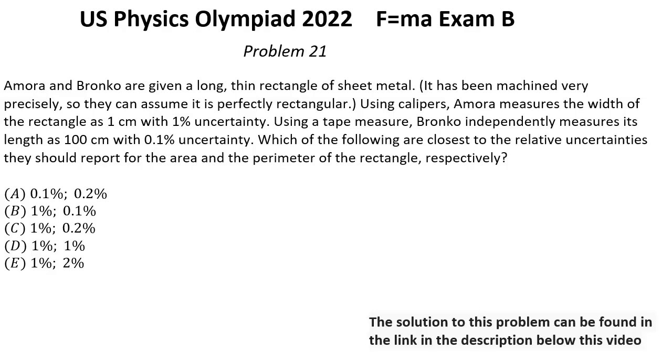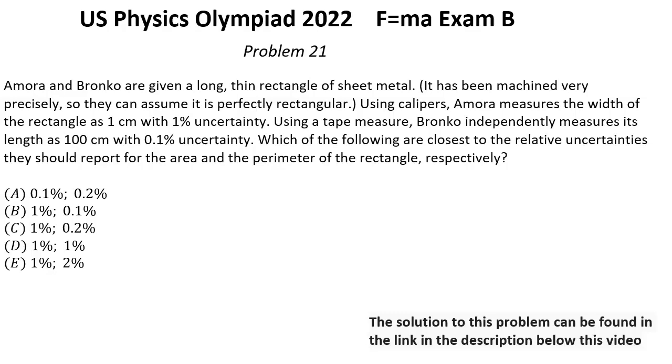Calculating the perimeter involves adding the two measurements, and so the uncertainty in the perimeter depends on the absolute uncertainties of the inputs. Bronco's 0.1 cm absolute uncertainty dominates Amora's 0.01 centimeters, so the result carries his 0.1% uncertainty.